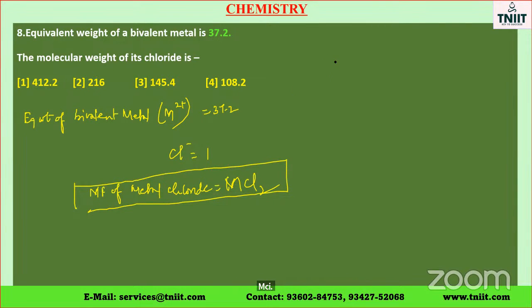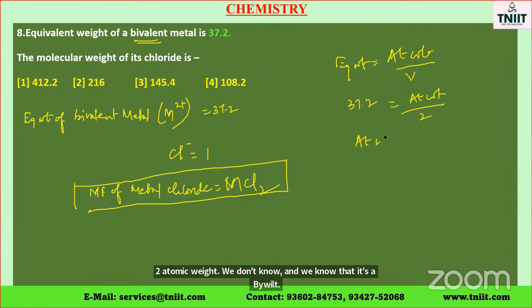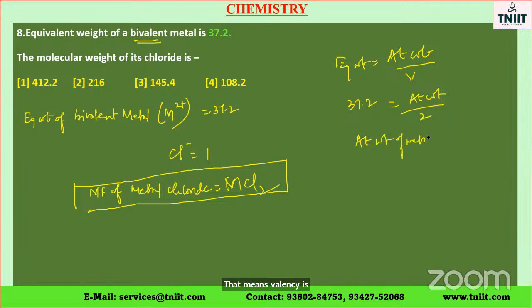You should remember that for an element, equivalent weight is calculated by the formula atomic weight by valency. They've given equivalent weight as 37.2. Atomic weight we don't know, and it's bivalent, so valency is 2. So the atomic weight of the metal is 37.2 into 2, which is 74.4.